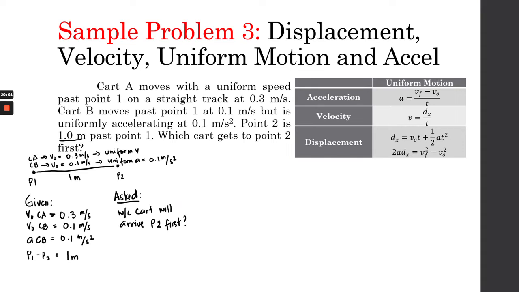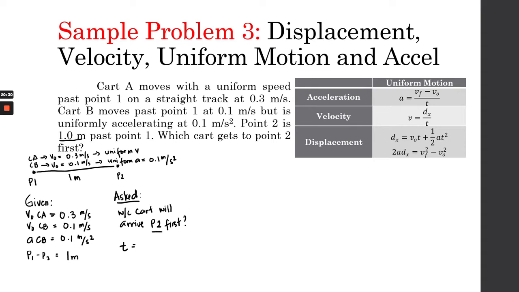So how are we going to approach this type of question? Let's analyze this. Again, which cart will arrive at point 2 first? The only way that we can measure this is by the time that they arrive at point 2. As they travel from point 1 to point 2, how long will it take for cart A to arrive from point 1 to point 2?